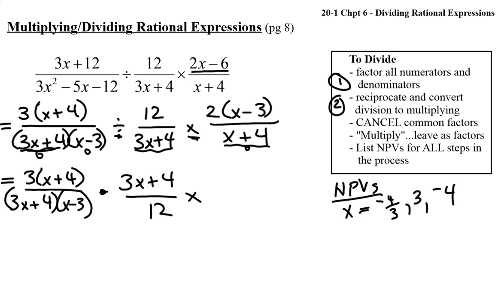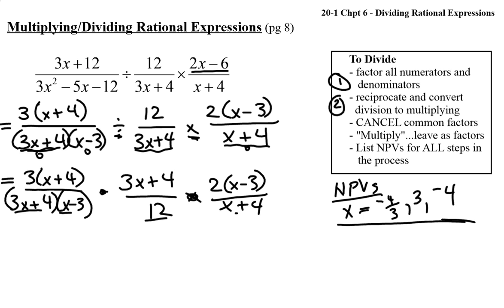We're happy with multiplying, so we keep it as is. Double check your NPVs. The 3x plus 4 and x minus 3 hasn't changed. 12 doesn't have an NPV because there's no variable that's going to affect it. And x plus 4 hasn't changed. So we have the same NPVs.